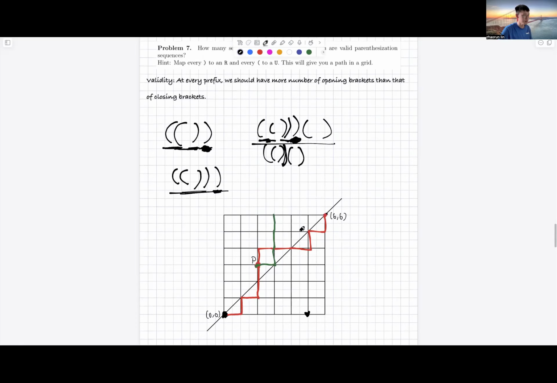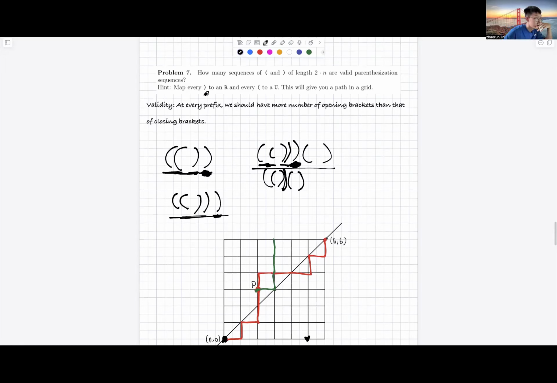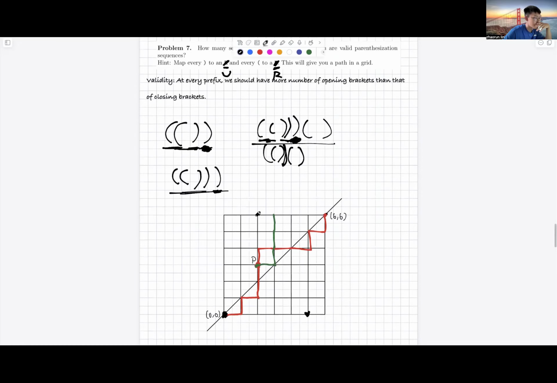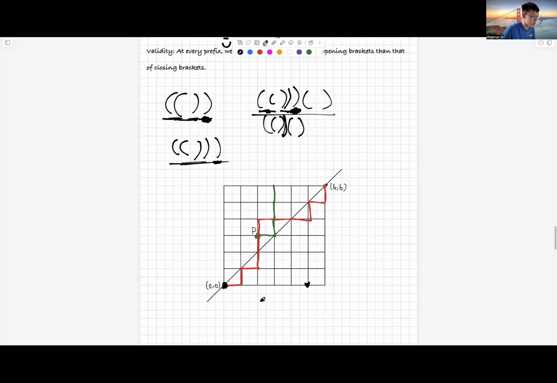Actually, I think this should be up and this should be right. Yes, there's a mistake here. We should map every closing bracket to up and opening bracket to right, or else at the beginning we'll just go up and cross the line. So let me map every closing bracket to up and opening bracket to right.